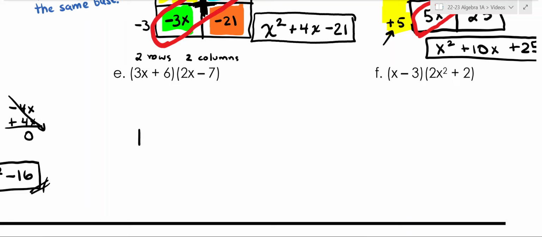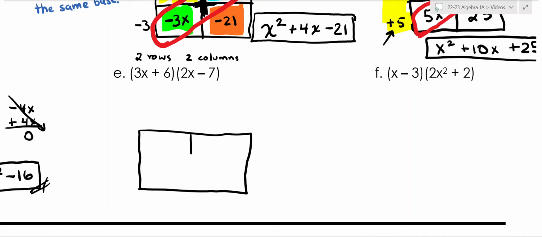So start making your table. Once again, please don't skip the steps. And yes, I'm gonna have you do like a gazillion of these. And if you do them by hand correctly, then you'll train yourself to do them correctly.